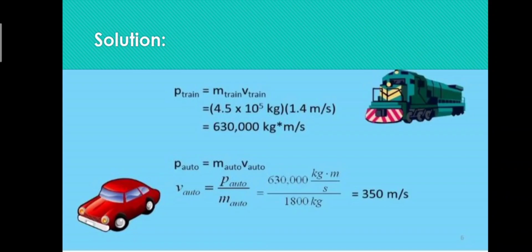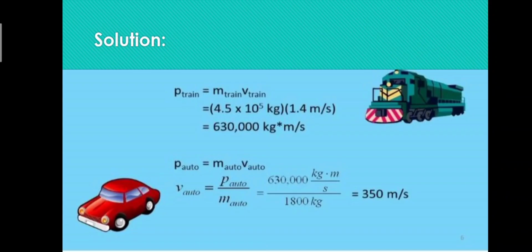And next, let's solve the automobile. It is the same equation that we will use to solve for the auto. The equation of momentum is P equals m times v, or v equals P over m.